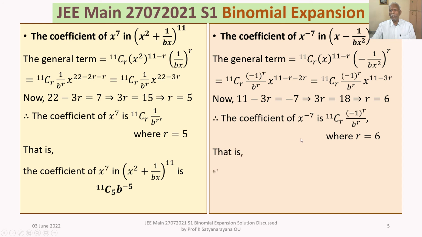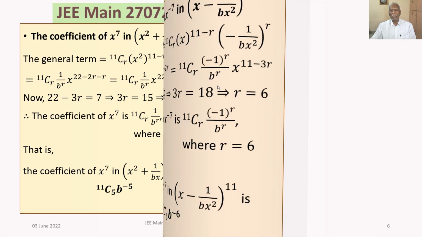That is 11C6 into (minus 1) to the power of 6 is plus 1, by b power 6, that is b power minus 6. So, the coefficient of x to the power of minus 7 in the second expansion is 11C6 into b power minus 6. We continue in the next slide.